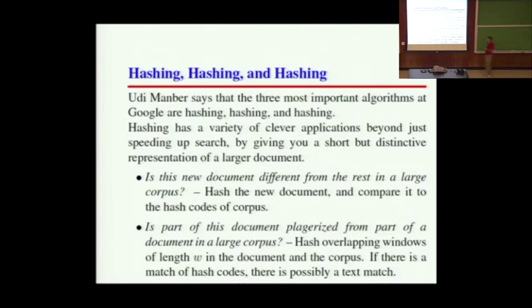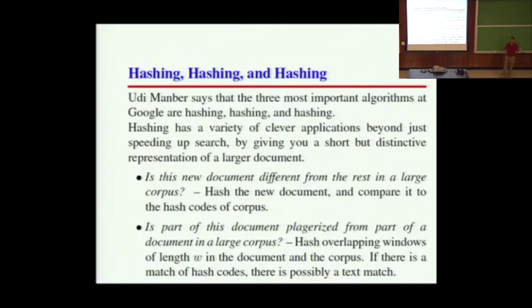What does Google do? It takes the new page in, it computes a hash code of it, and it checks to see, have I seen this hash code before? If so, I have presumably seen this page, and it doesn't even bother to look at the page anymore, just immediately throws it out. Maybe a few new web pages will be unlucky enough to hash to a value that was already there.